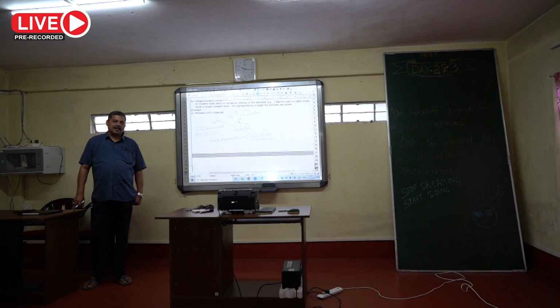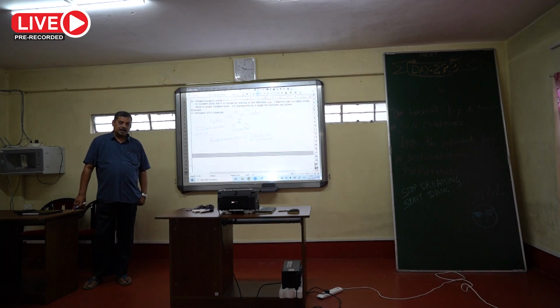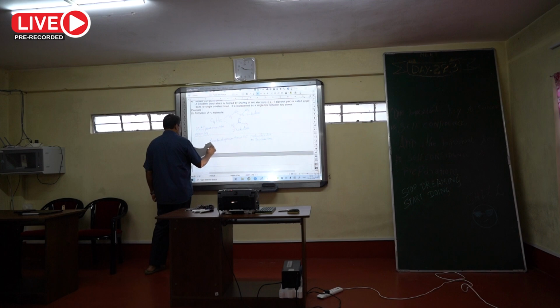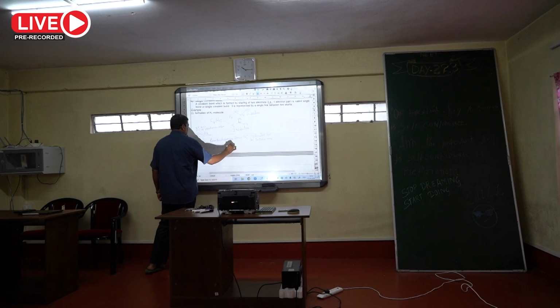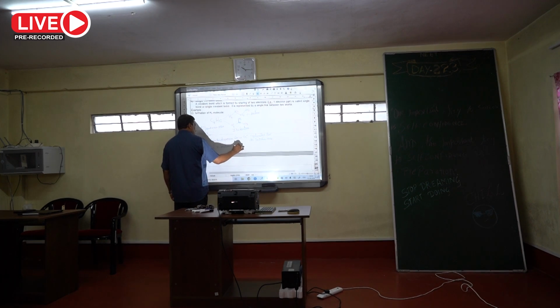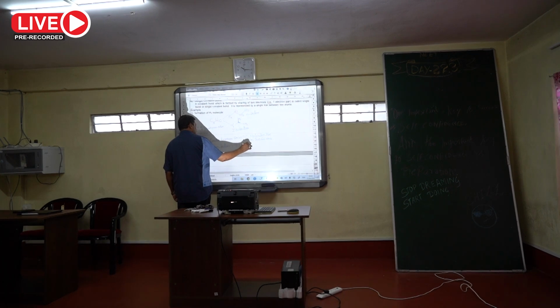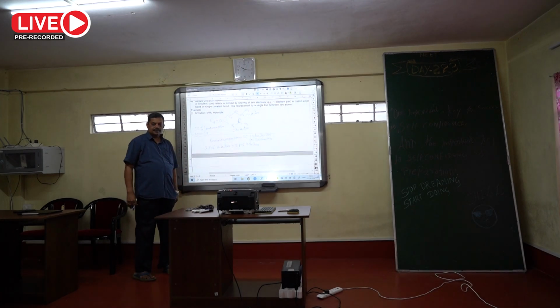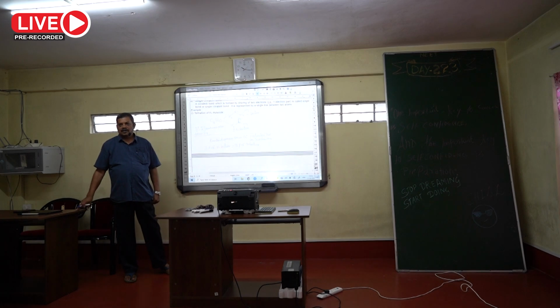So between n-butane and isobutane, n-butane has a larger surface area. That's why it has more London dispersion forces. That's why the boiling point of n-butane is greater than the boiling point of isobutane.